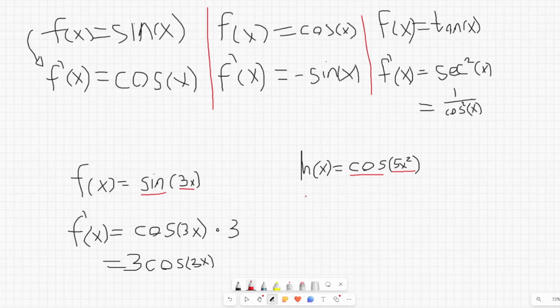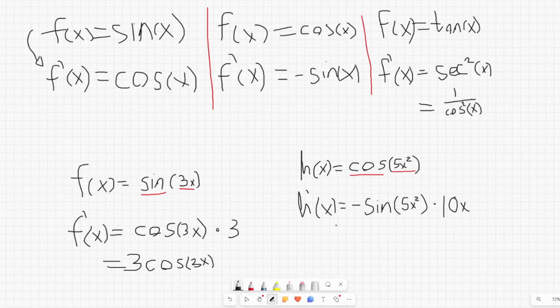So again, we have to apply the chain rule here. So h prime of x is equal to, we see up here, cosine, the derivative of cosine is negative sine. So negative sine, and then in brackets, we keep the inside function the exact same, 5x squared. Now the derivative of 5x squared is 10x.